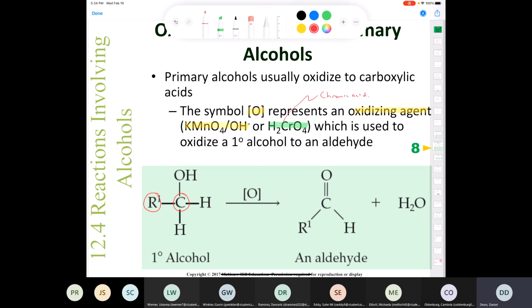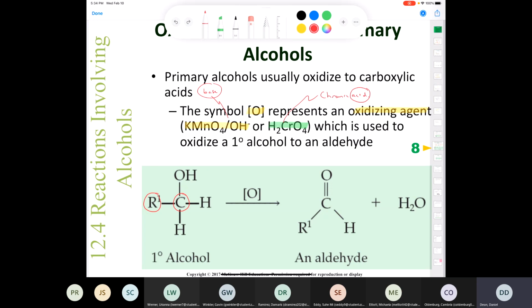Now, you might be wondering, why are you showing me two different ways to oxidize a primary alcohol, Mr. Dion? The reason why is because chromic acid is an acid, and potassium permanganate and hydroxide is a base, right? It's a basic reagent because hydroxide is a base.